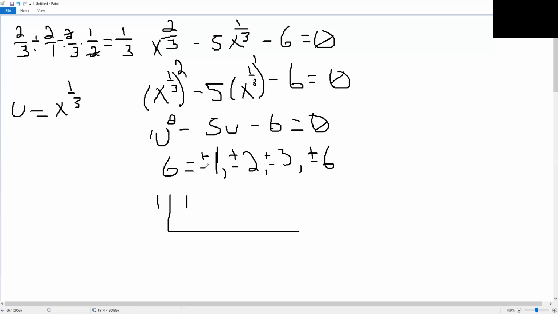We have 1, -5, and -6. Bring the 1 down. 1 times 1 is just 1. -5 plus 1 is -4. And -4 times 6 is what? 4 times 6 is 24, so we're at positive 24. That is not 0.